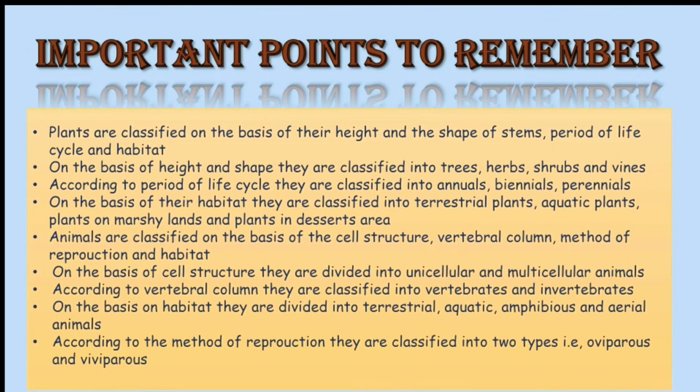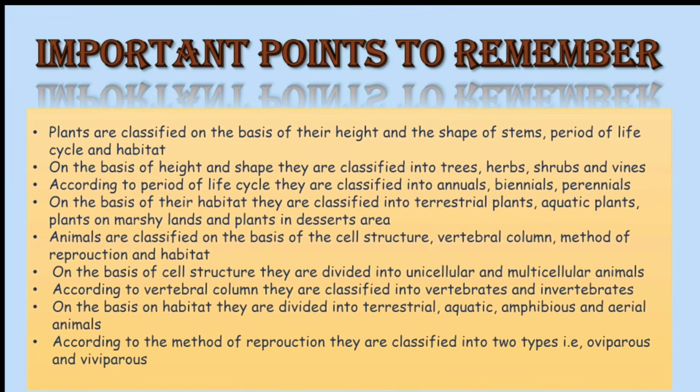According to the period of life cycle, they are classified into annuals, biennials, perennials. On the basis of their habitat, they are classified into terrestrial plants, aquatic plants, plants on marshy lands and plants in desert areas.